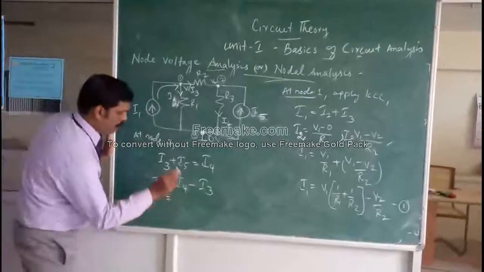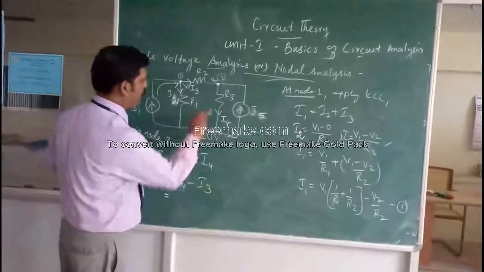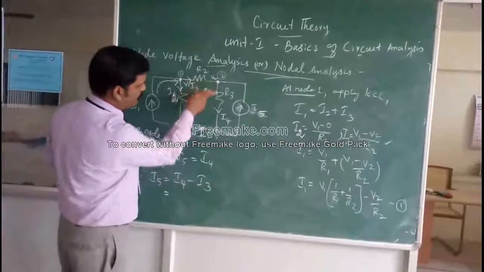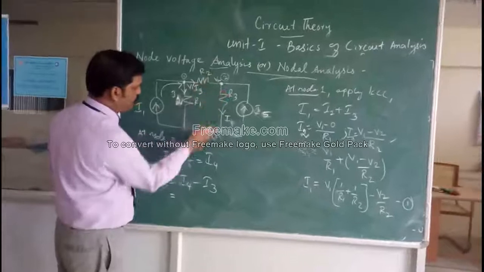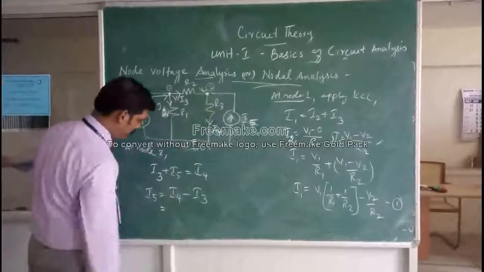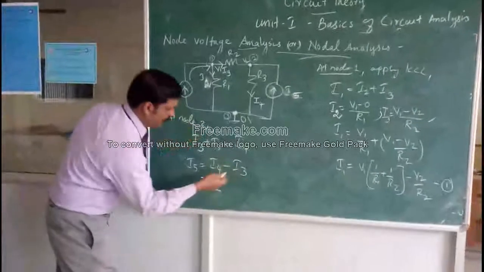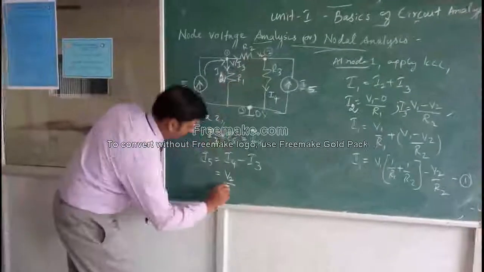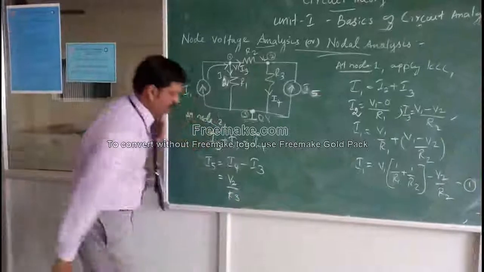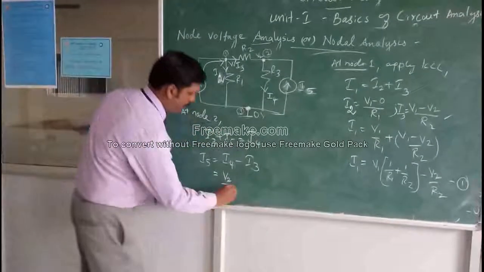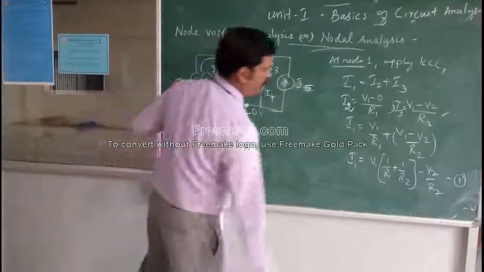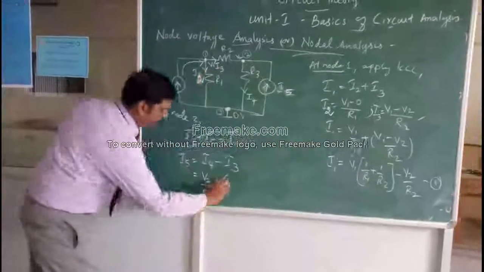So what is I4? I4 is the current going through R3. Therefore it is V2 minus 0 divided by R3, which is V2 divided by R3. I4 minus I3, where I3 is V1 minus V2 divided by R2.